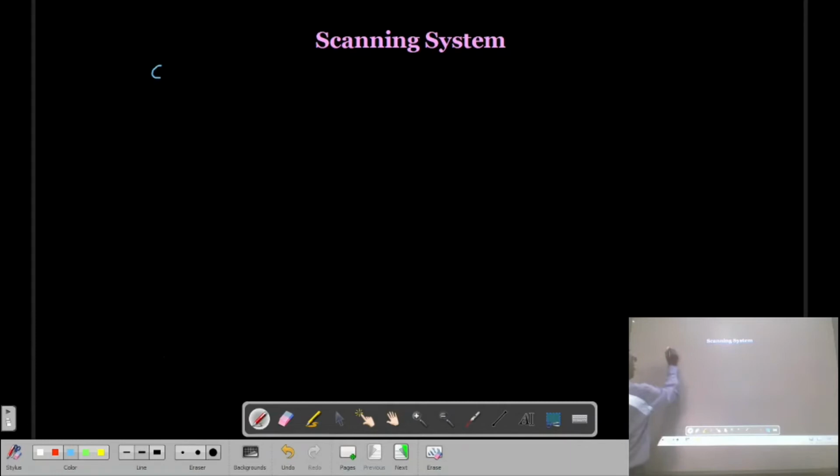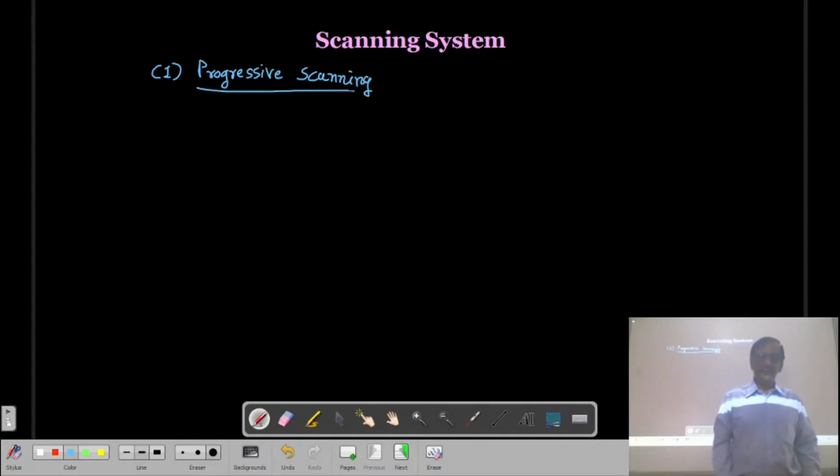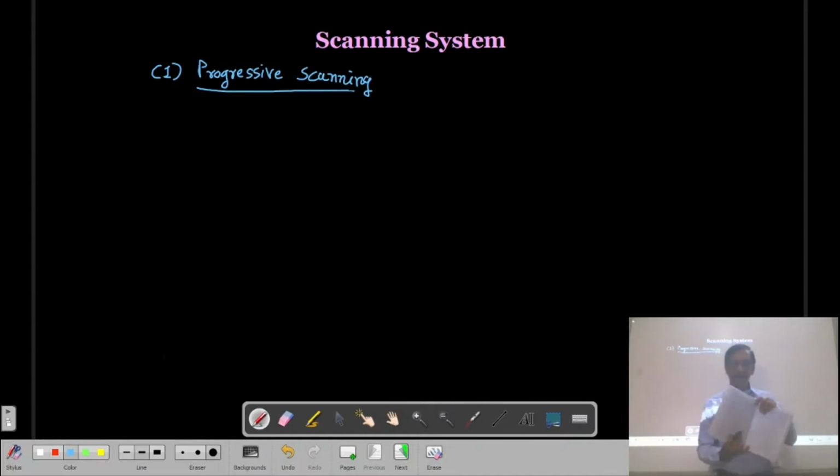So let us start with progressive scanning. In progressive scanning, the frame is read by the electron gun of the camera tube and divided into a number of lines. How the camera tube reads this frame is just like how we read a page of paper.